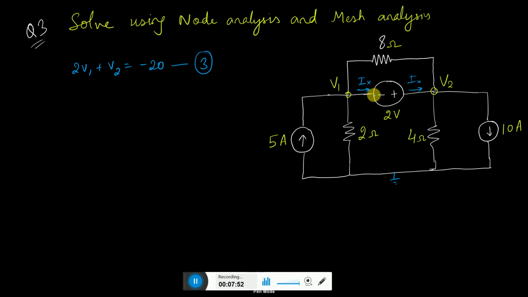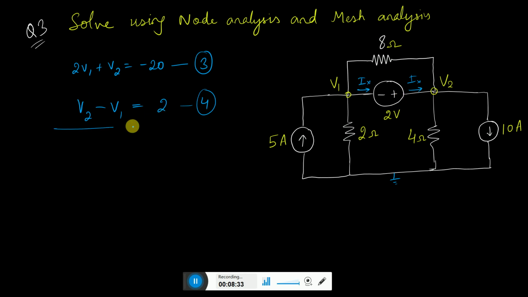I'm not getting the value of Ix directly because there is no resistance, so why don't we just subtract the node potentials? Since 2 volt is between V2 and V1, V2 minus V1 is equal to 2. This is equation 4. We are not using Ohm's law here; because we know the potentials of V2 and V1, and the plus sign is on this side, V2 minus V1 is equal to 2.